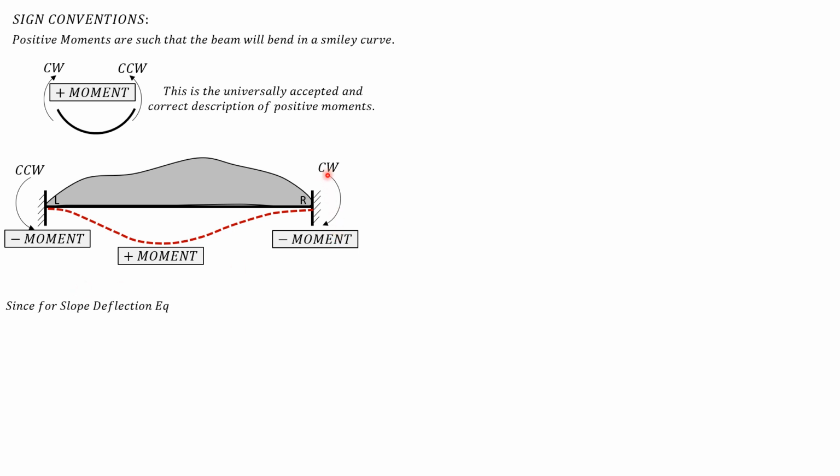And for moment R, or moment at the right, it is equal to 2EI over L quantity 2 theta R plus theta L minus 3 times delta over L, then plus fixed end moment right, which is positive. So this is the explanation, and I hope it's clear here in the drawing.